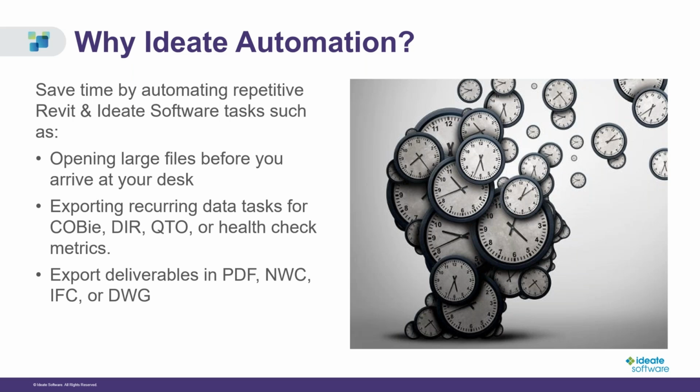Well, you can run these off hours and make sure you have predictable results. For example, you can run something in Excel and have that exported regularly, or you're opening your Revit model and have that ready at the start of your day.